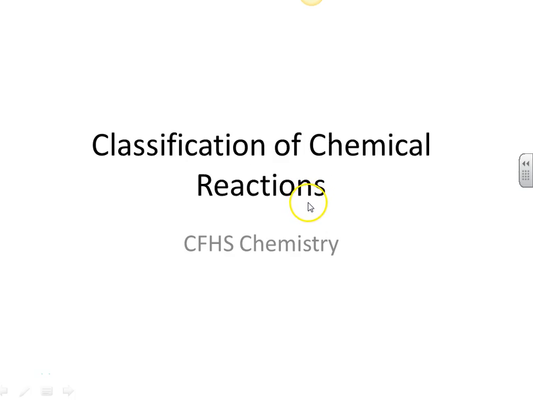In this video, we will look at classifying chemical reactions into 5 types and using the patterns that emerge from the classification system to predict products of chemical reactions given their reactants.